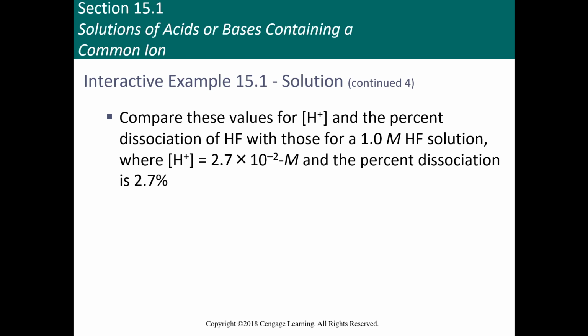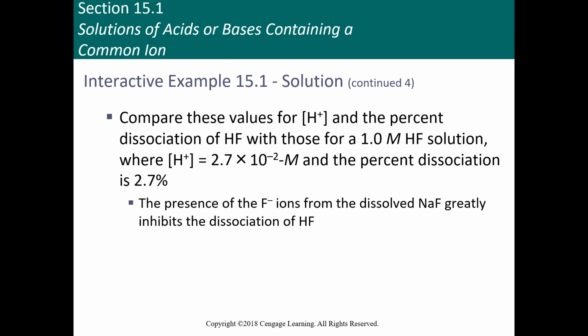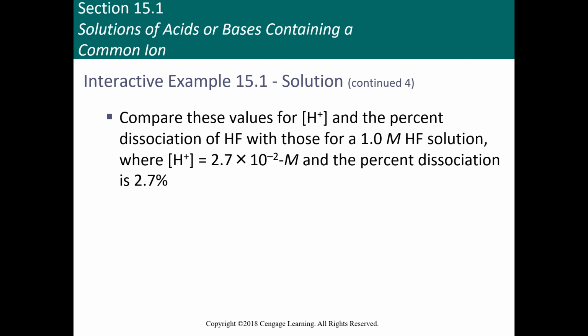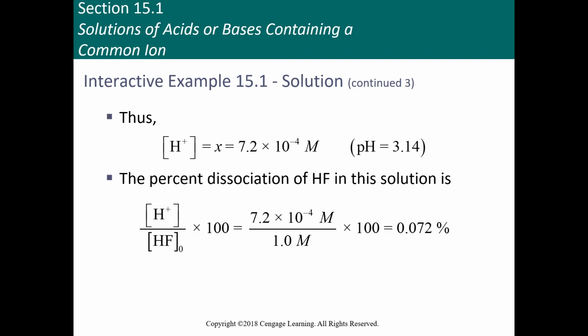Our percent dissociation then was 2.7%. That was a lot larger than the one we found when we added the salt, wasn't it? When we added the salt, our H plus concentration went down considerably, to 7.2 times 10 to the negative 4. That's almost a factor of 100.